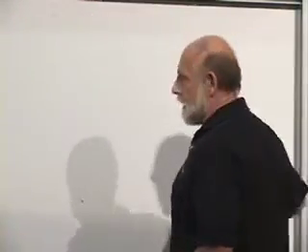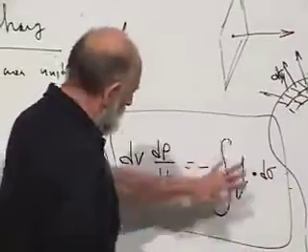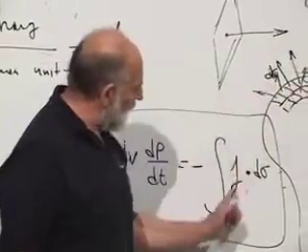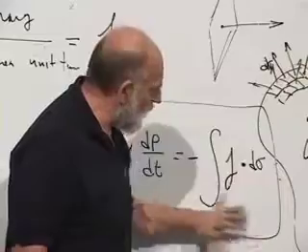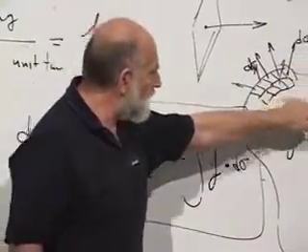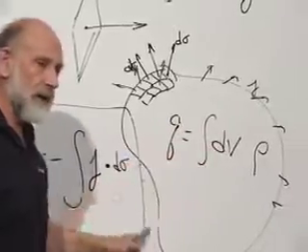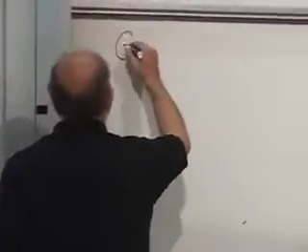But I will tell you what it is. It's a relationship between, this is called a surface integral. It's an integral of a vector quantity over a bounding surface. It can be related to an integral over the interior. And here's the theorem, called Gauss's theorem.